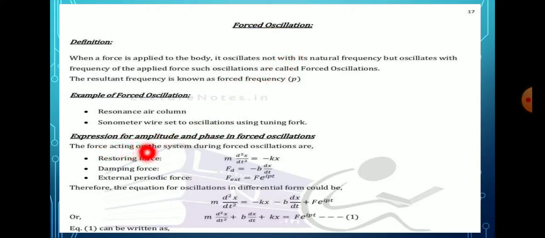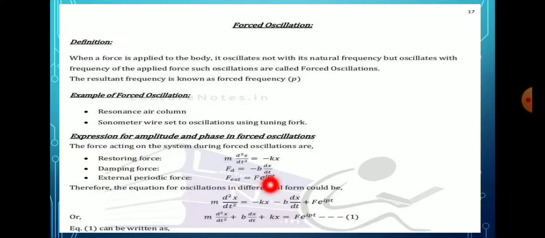Then the expression for amplitude and phase in the forced oscillation. The forces acting on the system during the forced oscillation are the restoring force, m d square x by dt square, equal to minus kx; the damping force, f d, equal to minus b dx by dt; and the external periodic force, f external, equal to f e raised to i p t.